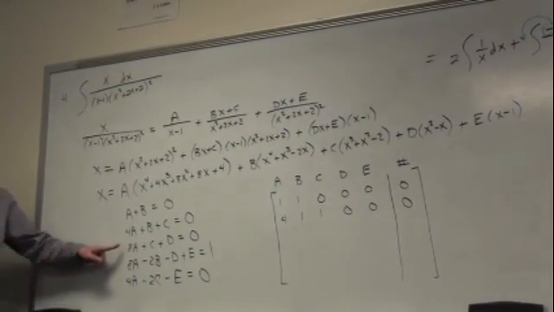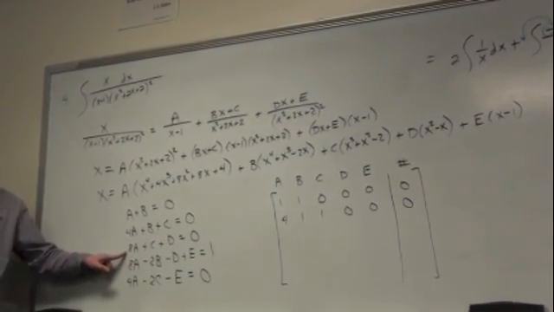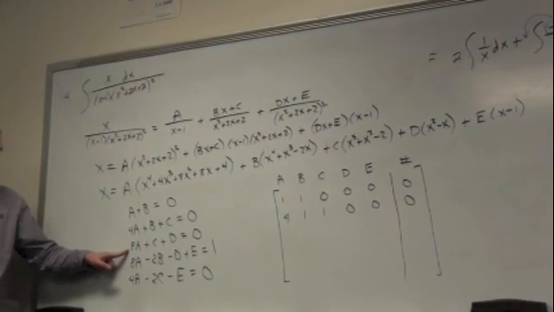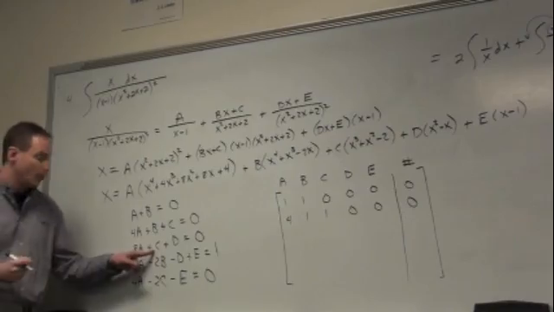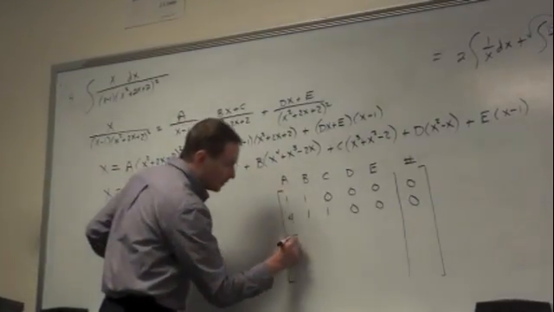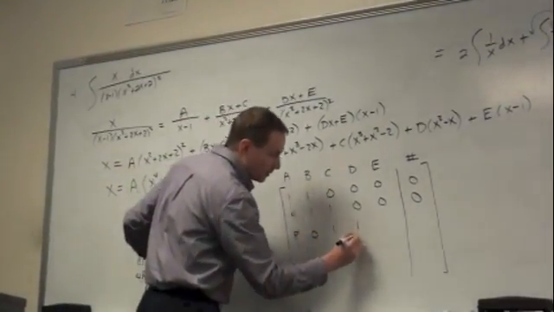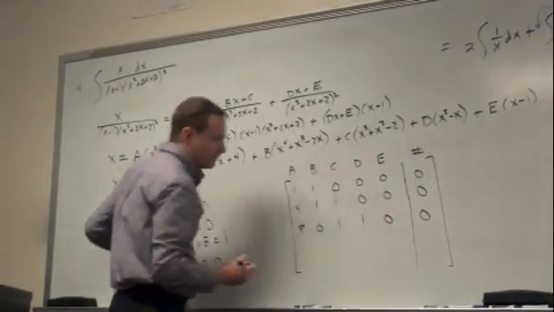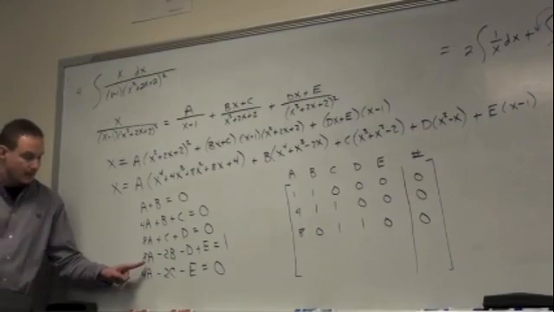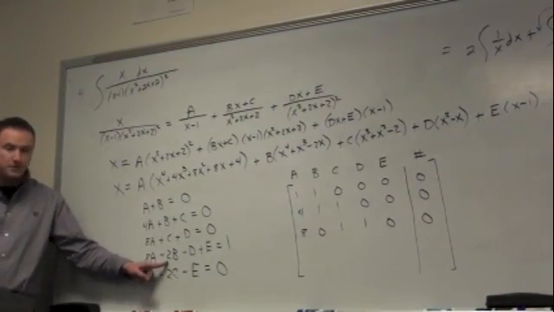The next row, 8, you don't have a B term, so be careful with that. 8, 0, 1, 1. Everything else 0. Now I'll have 8, negative 2.